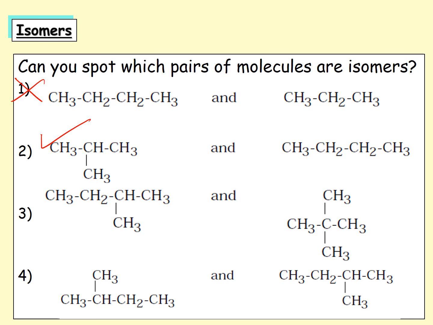Number 3, we've got 5 carbons, one is in a T shape and one is a cross, so these are isomers. Number 4 is perhaps the most tricky to identify, because we've got branches going off both, but these are actually mirror images of each other. So it's exactly the same structural formula. These would both have the same name, 2-methylbutane. So these are not isomers.